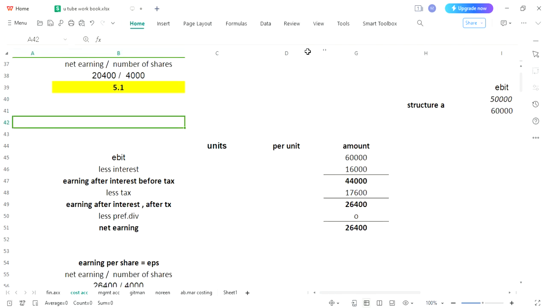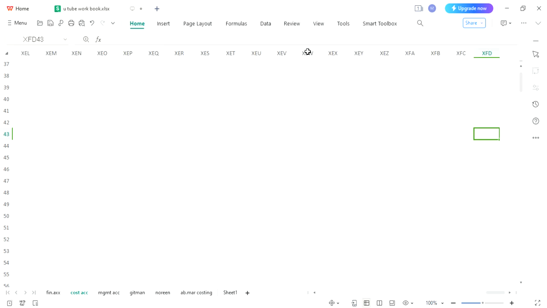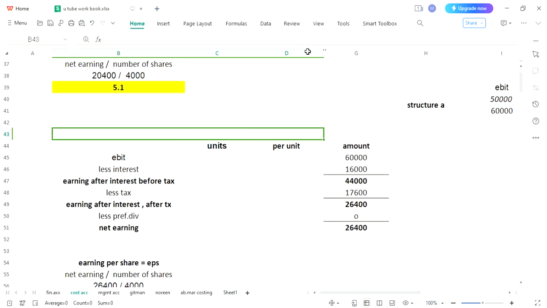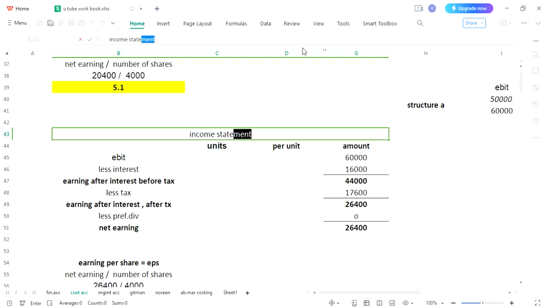We are going to perform the same function. This was your income statement, and we should mention what type of income statement it was. So this is the income statement.